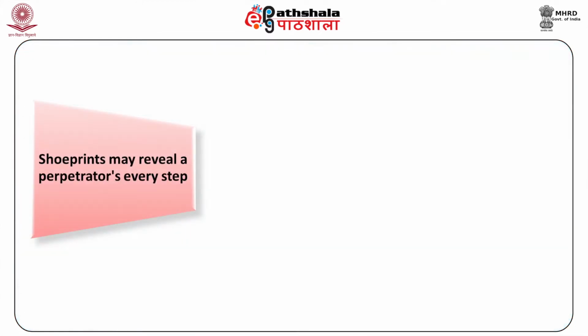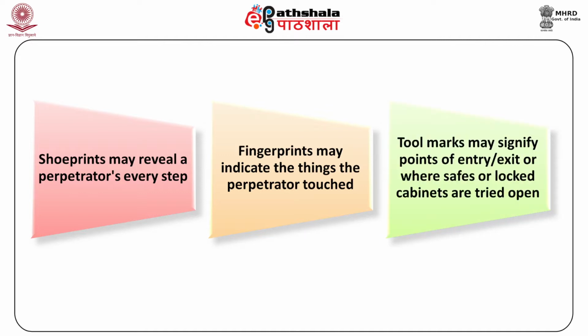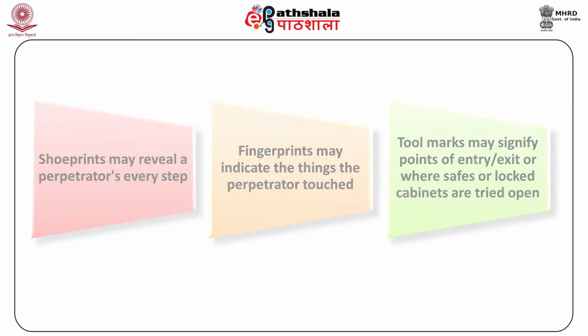In this, shoe prints may reveal a perpetrator's every step. Second, fingerprints may indicate the things the perpetrator touched. Next, tool marks may signify points of entry, exit or where safes or locked cabinets are tried open.